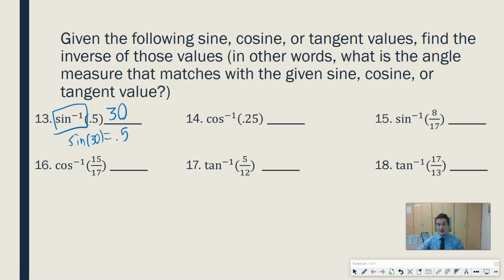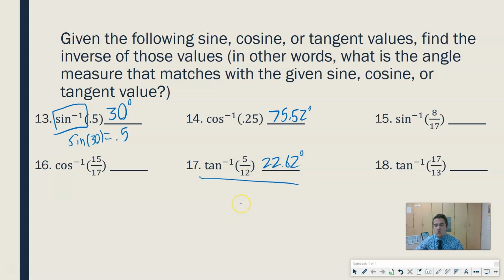If I do the inverse cosine of 0.25, I get 75.52 degrees. So the cosine of a 75.52 degree triangle would be 0.25. Say I do this one, the inverse tangent of 5 divided by 12 gives me 22.62 degrees.